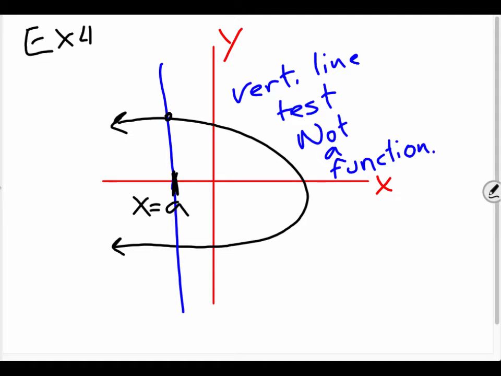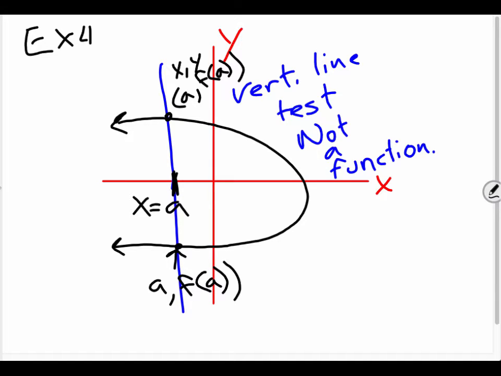That means that right here I would have a and some corresponding y value, but we'll use function notation, which is f of a, which is like x comma y. And down here, I have another value of a, and then a different value. It's the same a, so this would be two different numbers.